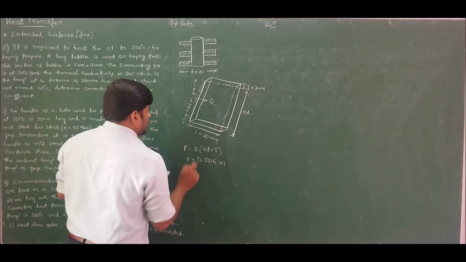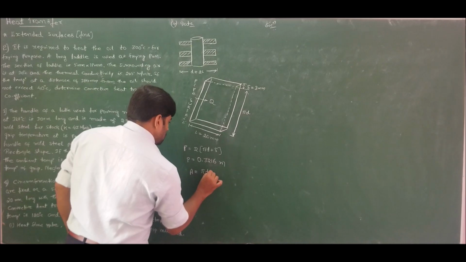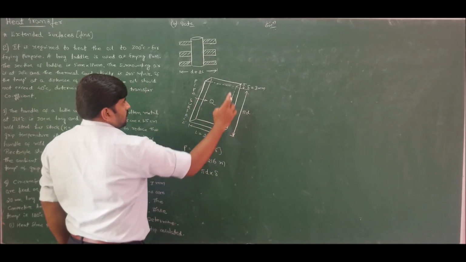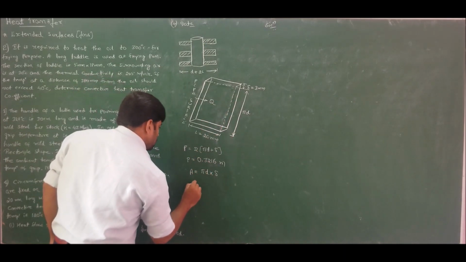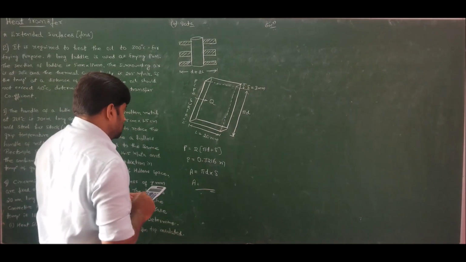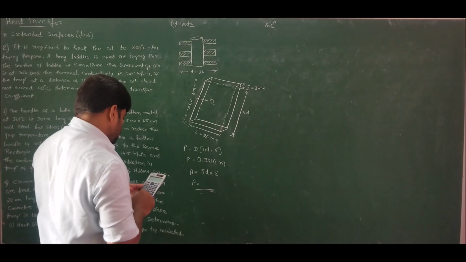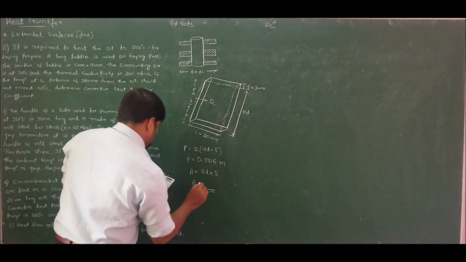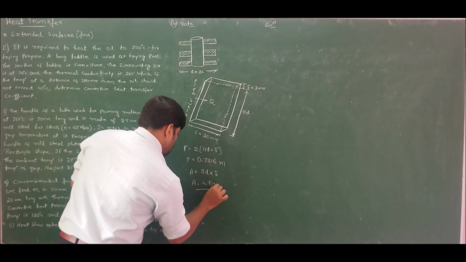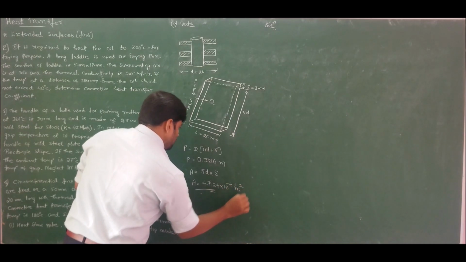Whereas the area perpendicular to the direction of heat flow is pi d into delta. So the area is pi times 0.05 times 0.003, which is 4.7124 into 10 to the power of -4 meter square.